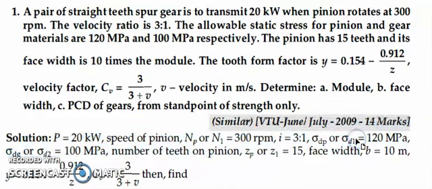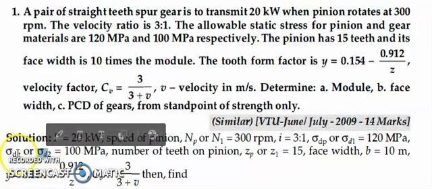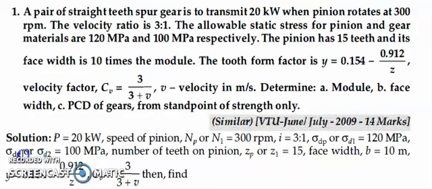Again, 1 stands for pinion, so sigma d for the pinion is 120 megapascal, and sigma d2, the sigma d of the gear, is 100 megapascal. Then the number of teeth of the pinion is written as zp or z1. That value is 15.